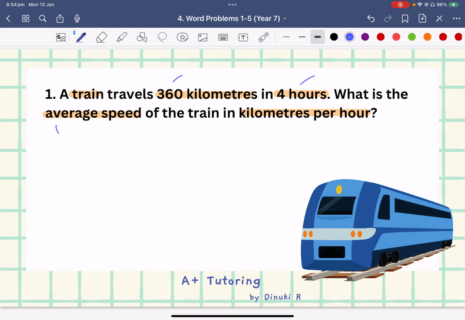One core piece of knowledge that you need for this question is to know how to figure out the average speed. And you may be familiar with this triangle, but if not, let's just go through it really quickly. So we've got D, S, and T. D represents total distance. S represents average speed.